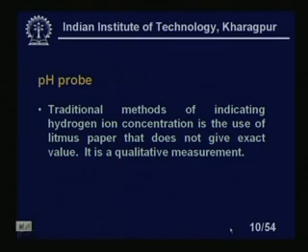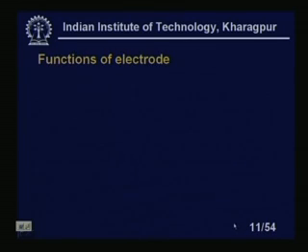People have been using litmus paper over the decades, and it gives some indication whether the liquid is acidic or alkaline, but it does not give an exact value. So we need quantitative measurements which will give the exact value of the pH.